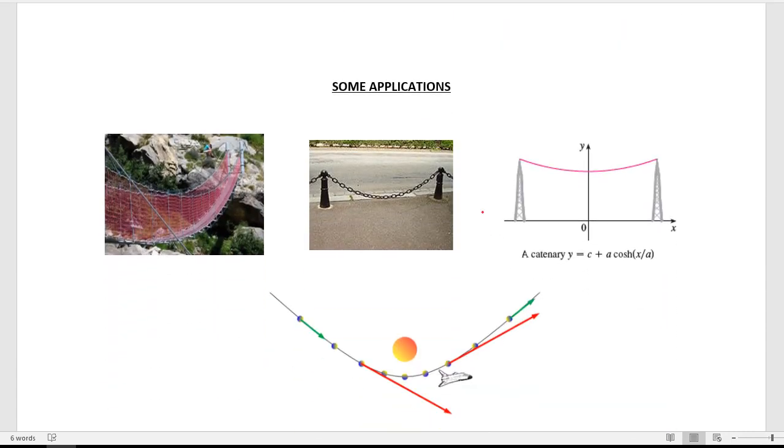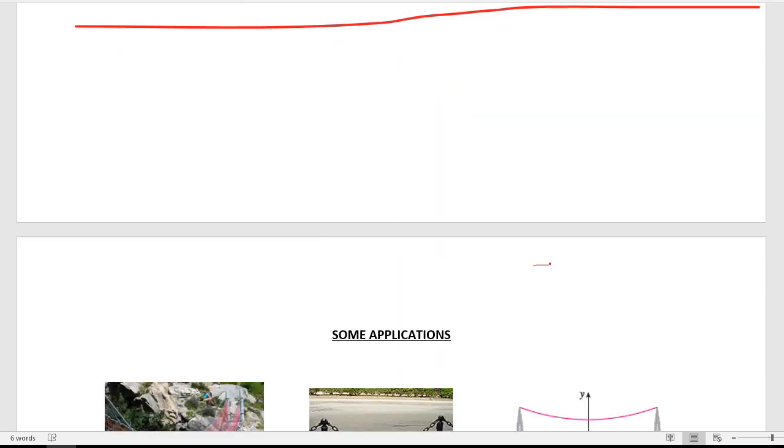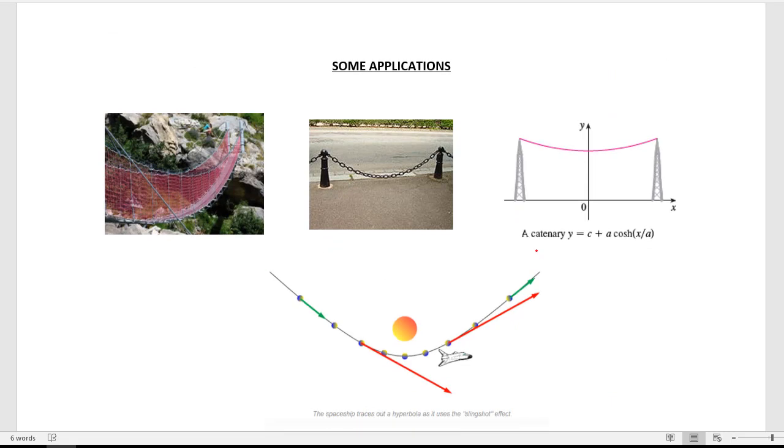The idea in these three pictures at the top is what we would call a catenary. A catenary is the idea of a weighted cable. If we look at two towers with a weighted cable, it's going to have some sag to it. This kind of looks like a parabola, but it's not really.